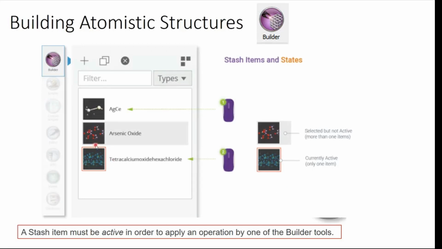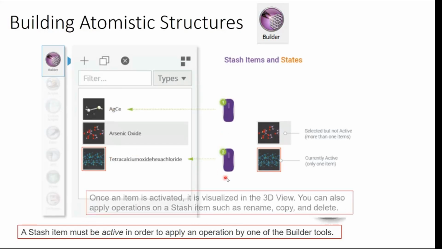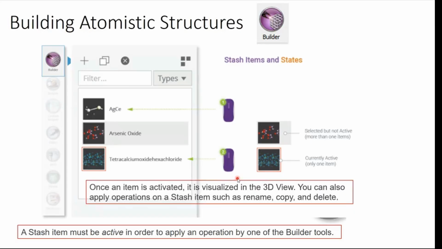Now you can individually select structures with the help of the mouse. You can identify which structure is currently active by seeing this rectangular circle. This structure is active, and these are inactive. You can make an individual one active by right clicking it.